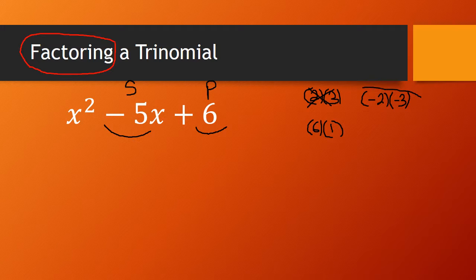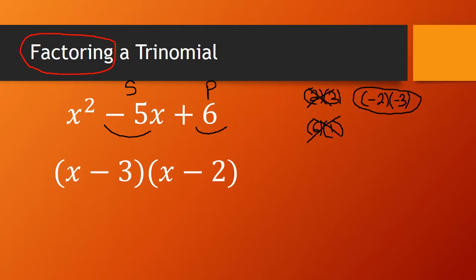So this is the combination of numbers or the factors that I need to be able to write my binomials. That's why I'll be able to end up with two binomials. The first binomial is going to have a negative 3 in it, and the second binomial is going to have negative 2 in it. So the x squared minus 5x plus 6 in the standard form can be factored into x minus 3 times x minus 2.